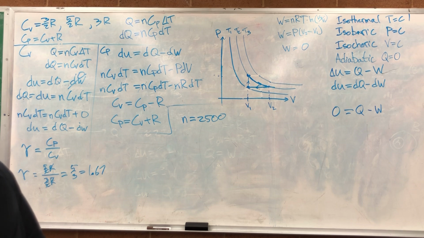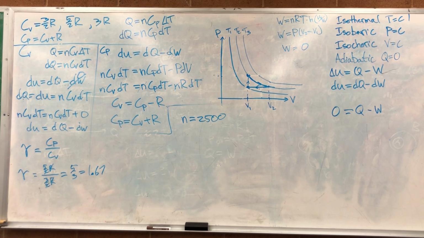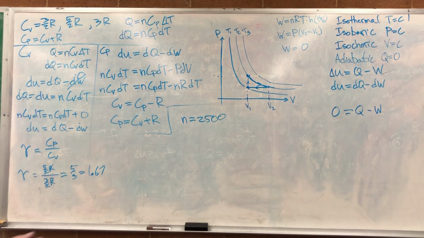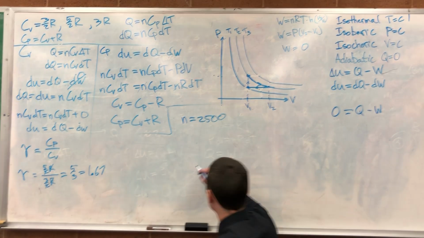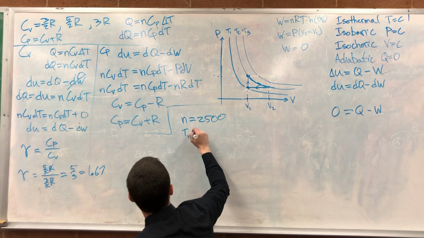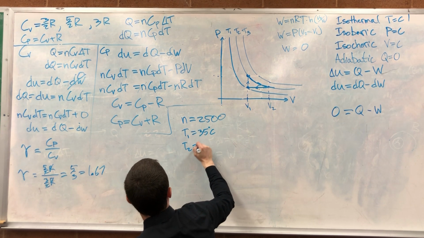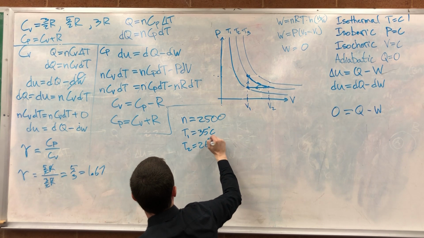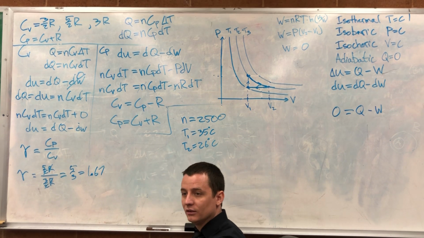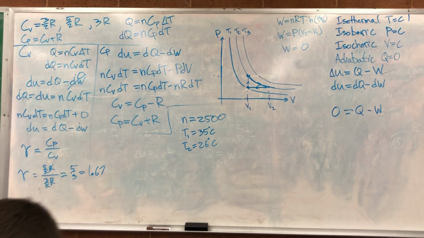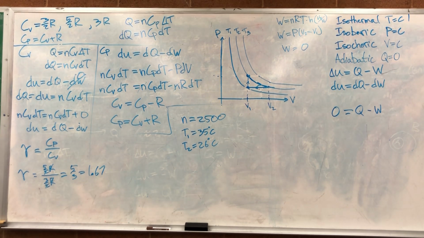Find the change in internal energy of this much air when it is cooled from 35 to 26 degrees Celsius. So our temperature T1 is 35 degrees Celsius. Our temperature T2, was it 26 degrees Celsius? I don't remember. And 26.